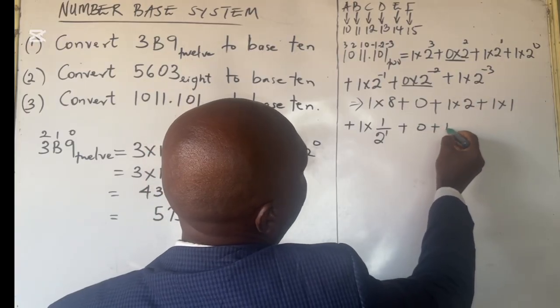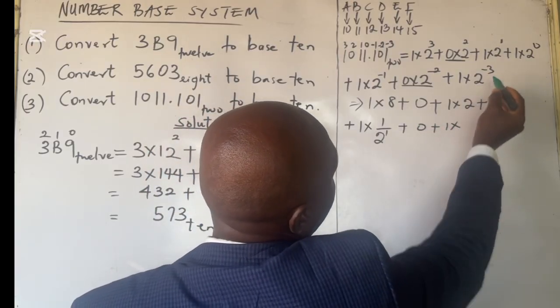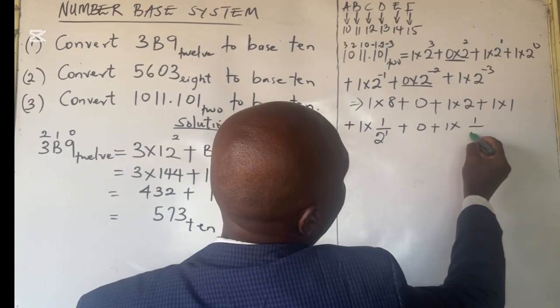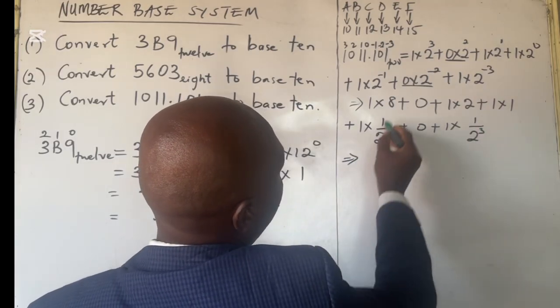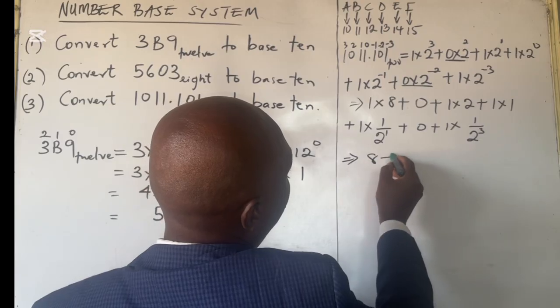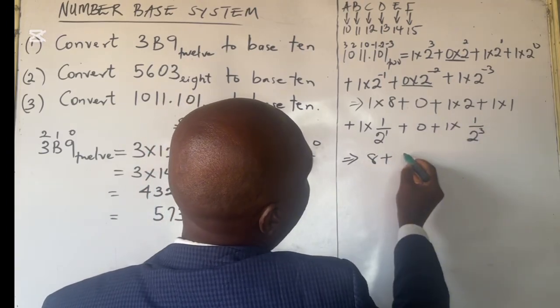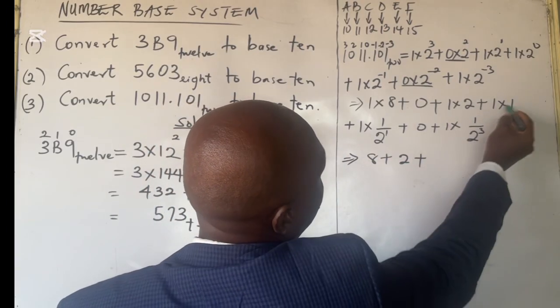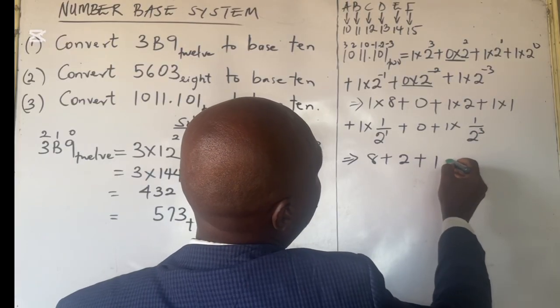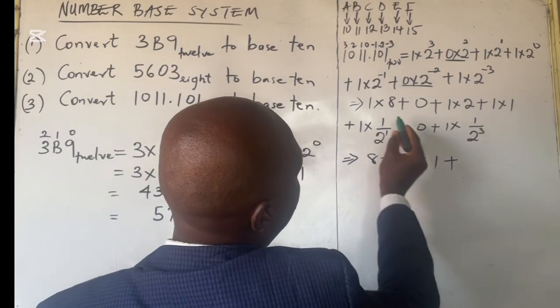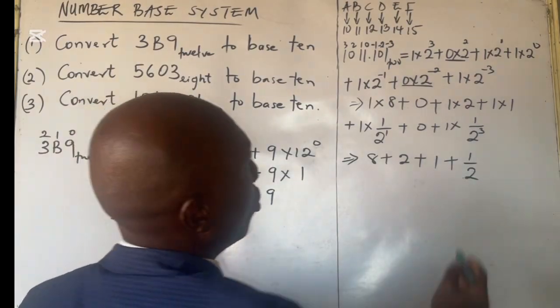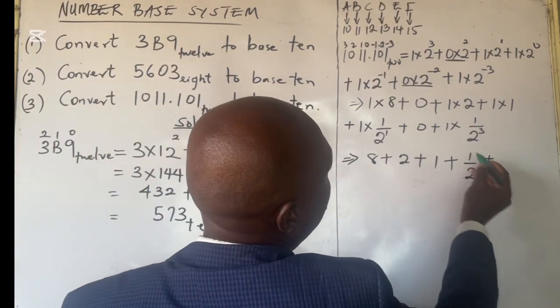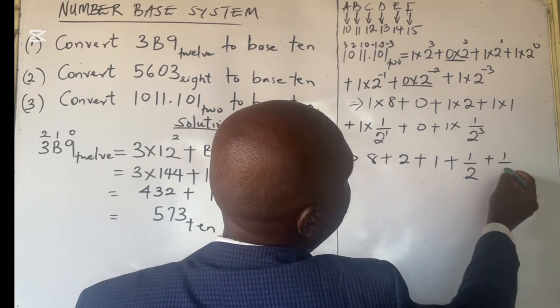Plus 1 times, turn this one to a fraction, that's 1 over 2 raised to power 3. So that will give you 1 times 8, 8, plus 0, plus 2 times 1, 2, plus 1 times 1, 1, plus 1 times 1 over 2. 2 raised to power 1 is 2, plus this is 0 already, 1 times 1 over 2 raised to power 3, which is 8.